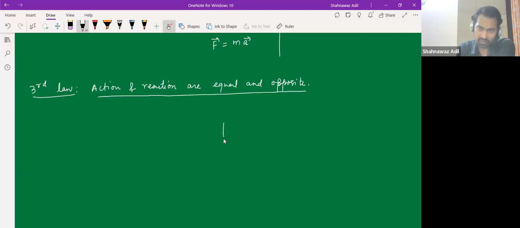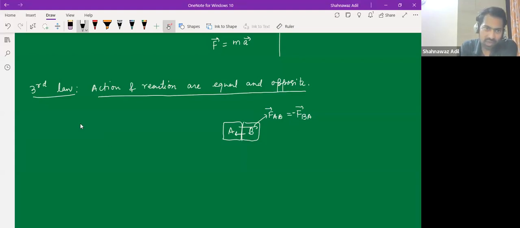So let's say that we have two objects. This is A and this is B. This A is applying some force on B. So let me write, this is force on A due to B, which means the force applied by B on A would be equal to the force on B applied by A, but with the minus sign.